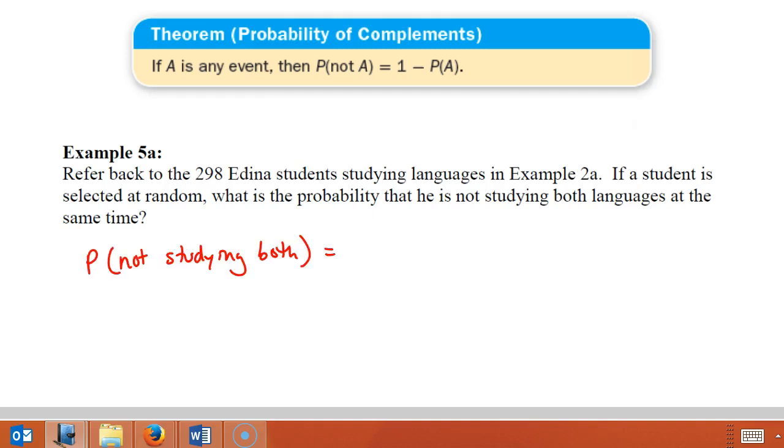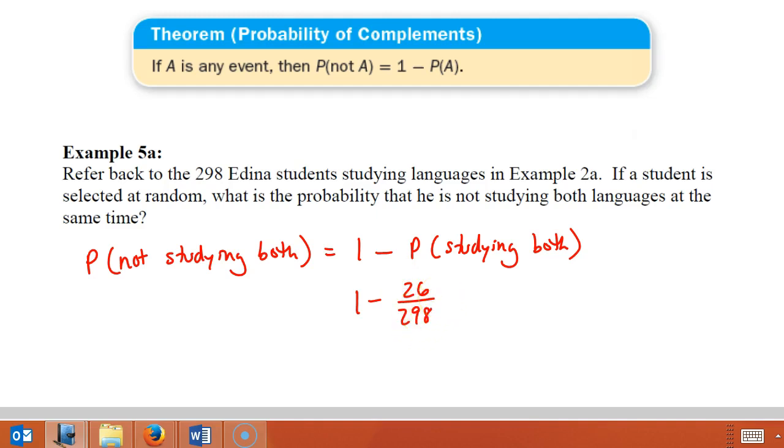So the way that we could look at this problem is, since we're trying to find the probability of them not studying both languages, we could use this theorem and look at the complement, which would be 1 minus the probability of studying both. Because we found, remember, that there were 26 students taking both French and Spanish. So we could take 1 minus 26 out of the 298 students that were taking those foreign languages.